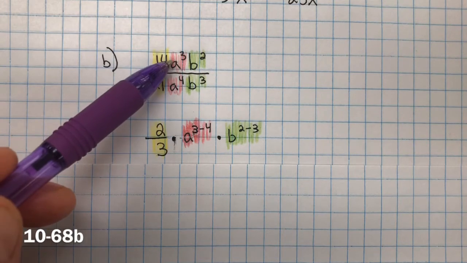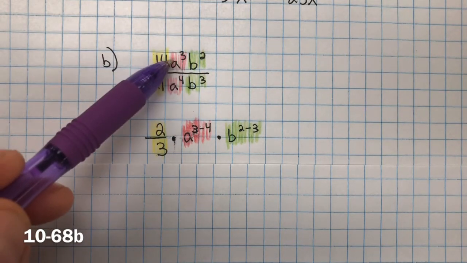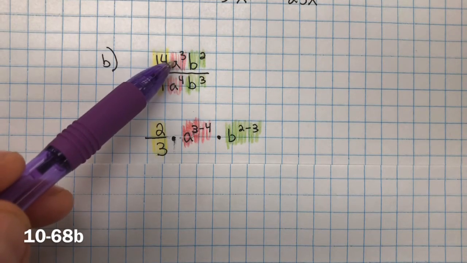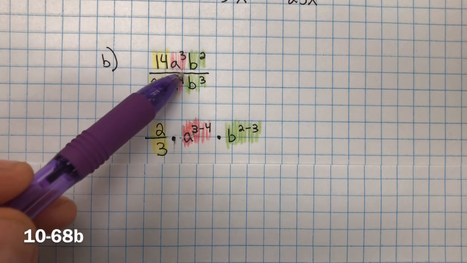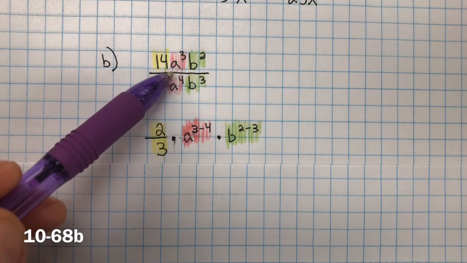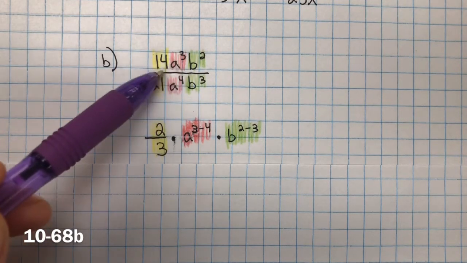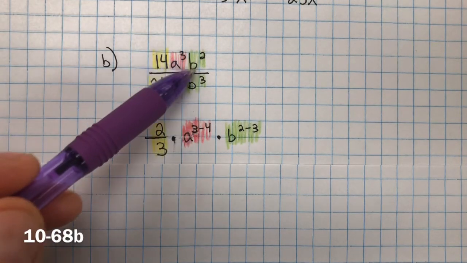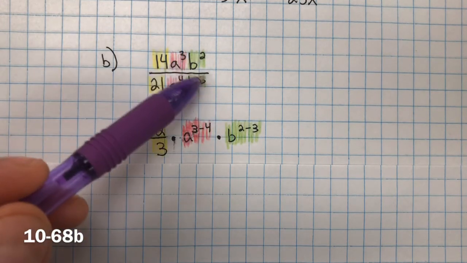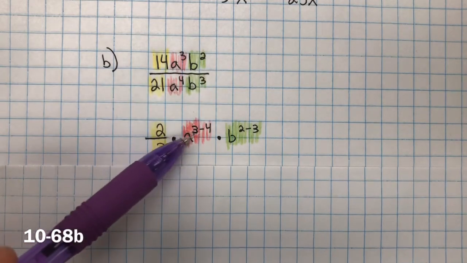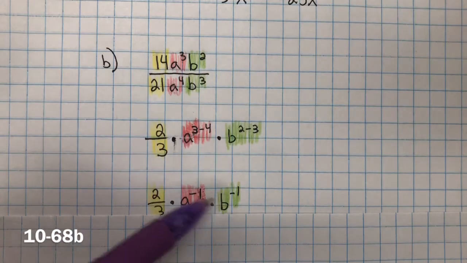When we're dividing exponents with the same base, so we have variables with the same base, a and a, you subtract, and this division bar is reminding you to subtract. So you keep the base, a, 3 minus 4. Same base, b and b, keep the variable b, 2 minus 3. So 3 minus 4 is -1, 2 minus 3 is -1.